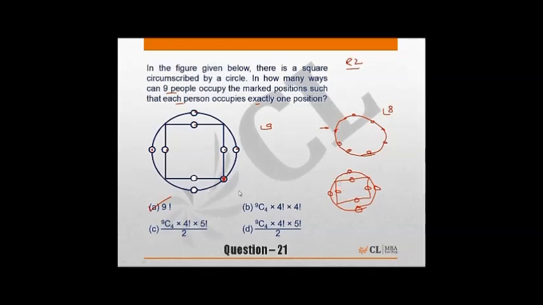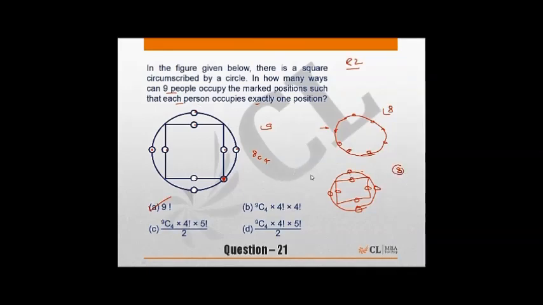In this case, I have to first seat 4 people either in the inner or the outer circle, because once one of the circles is taken care of, either the circle or the square, the positions get defined. So first I have to choose 4 people. So 8C4, I can choose 4 people out of 8. It's not 9 now in this question, I am assuming it to be 8.